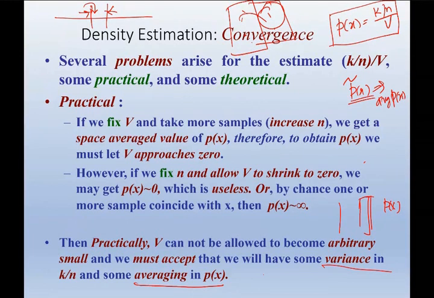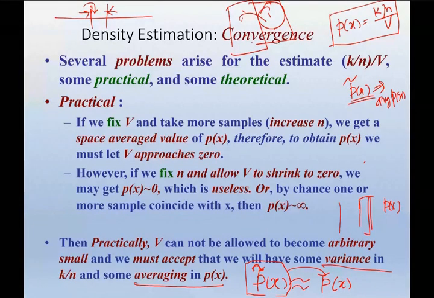If this is my actual value, the estimate will be an approximation of it. So this p of x tilde is the estimation. It will not be equal to the actual distribution p of x, but it will be some approximation near to it. Still it is fine, because it works very well.